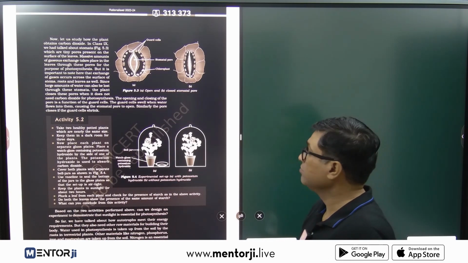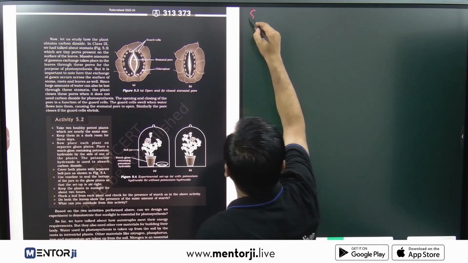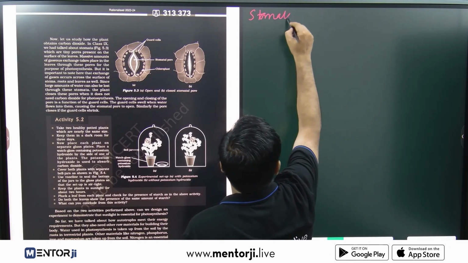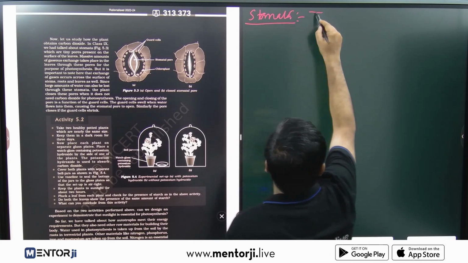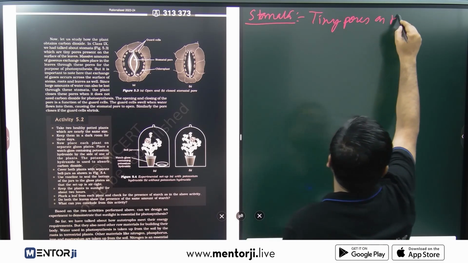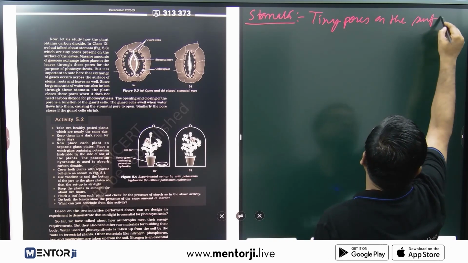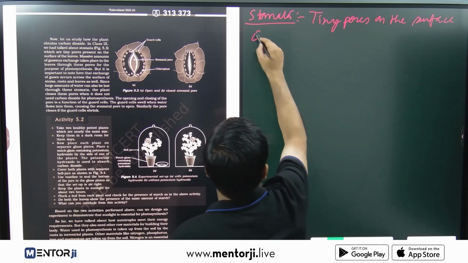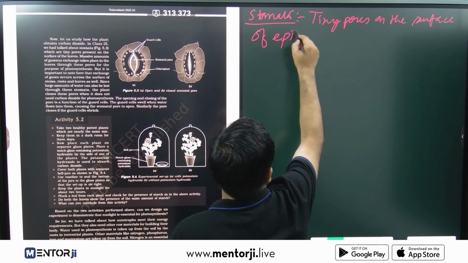Stomata are tiny pores on the surface of the epidermis.